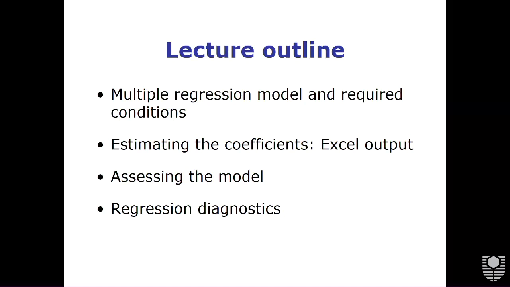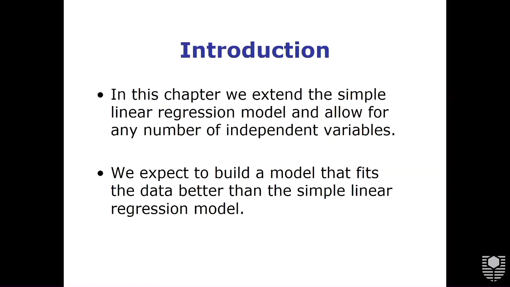But we're going to have more than one x, meaning more than one independent variable. That's why we call it a multiple linear relationship. Then assessing the model, to see whether the model fits the data or not, and then regression diagnosis. This chapter will extend, that's why we combine both chapters in the final exam.